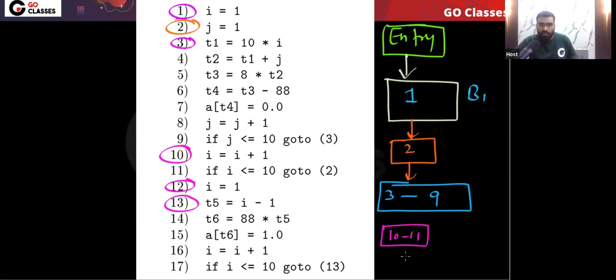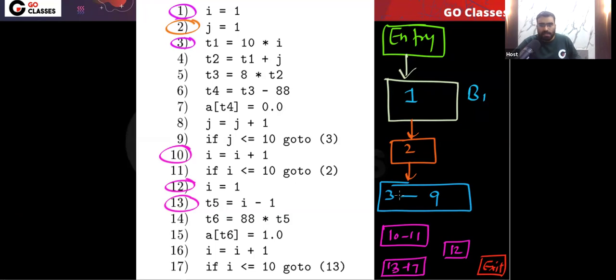There is another basic block which contains 12. And there is another basic block which contains 13 to 17. And there is an exit also. Now you tell me how many edges will be there.